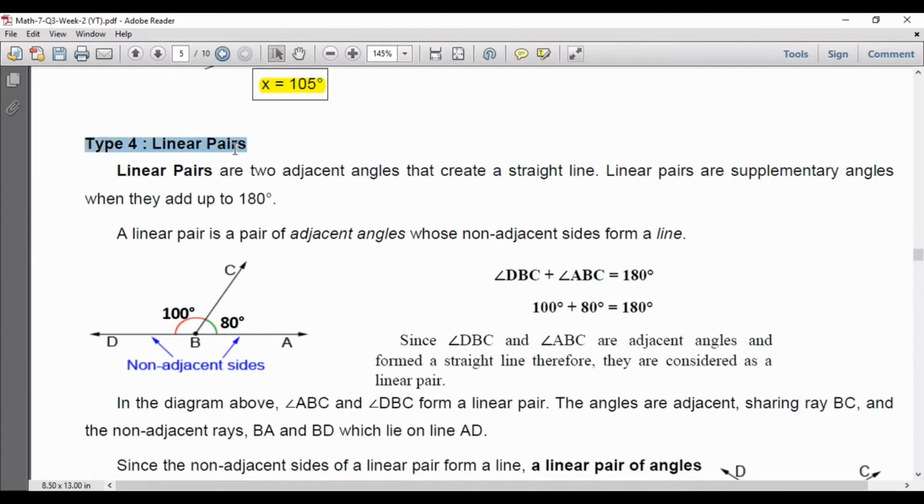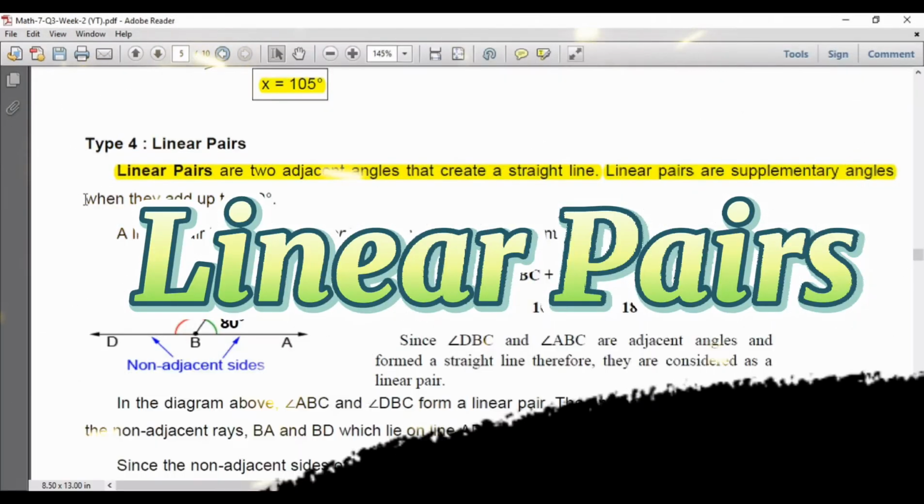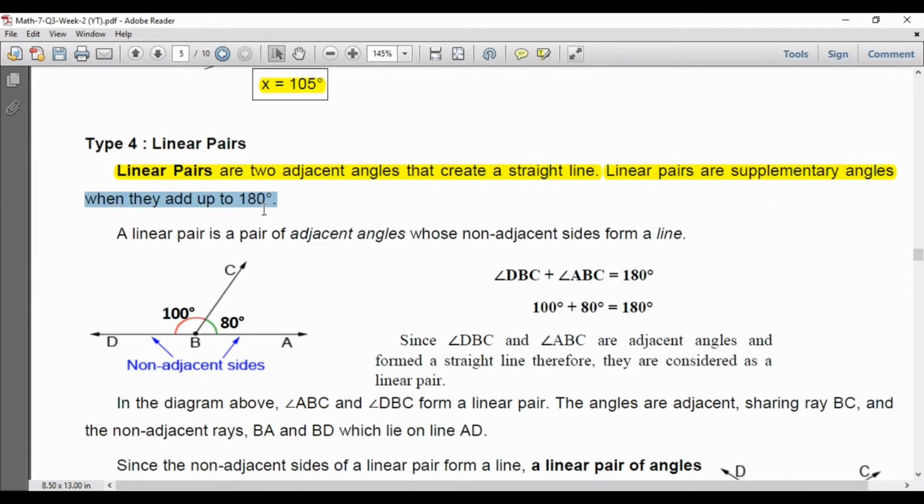This time let's have linear pairs, another type of angle pair. Linear pairs are two adjacent angles that create a straight line. Linear pairs are supplementary angles, so the sum of their angles is equal to 180 degrees.